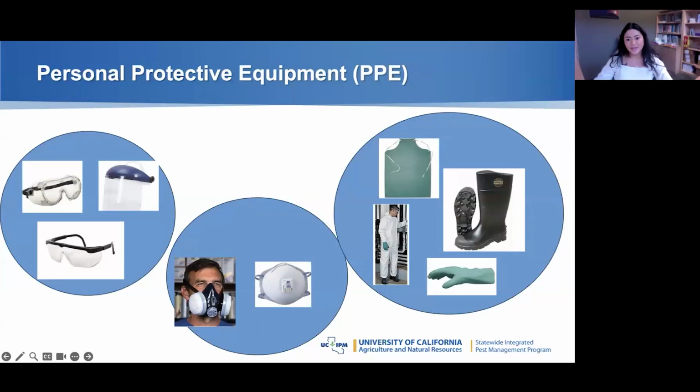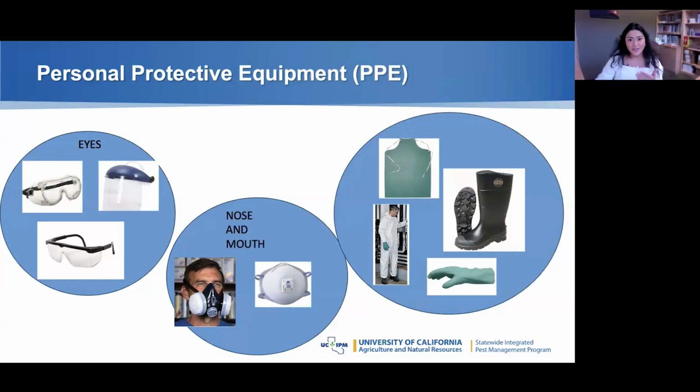Personal protective equipment, as I mentioned, is protective devices, right? There are different types, and they're pretty self-explanatory, but they can be clumped into different sections to emphasize the different parts of the body that they protect. For example, we have safety goggles, face shields, and safety glasses, and they're going to protect our eyes and part of our skin or part of the face.